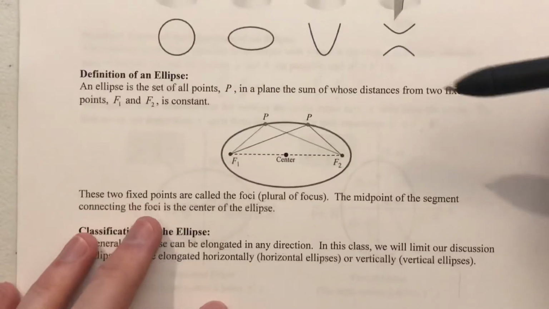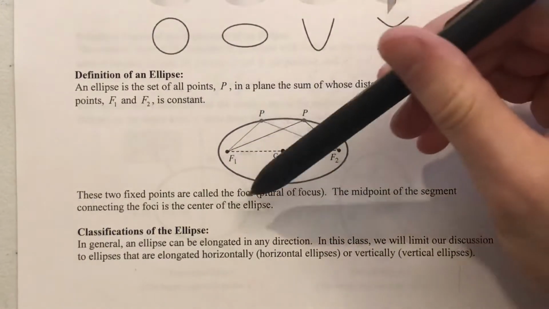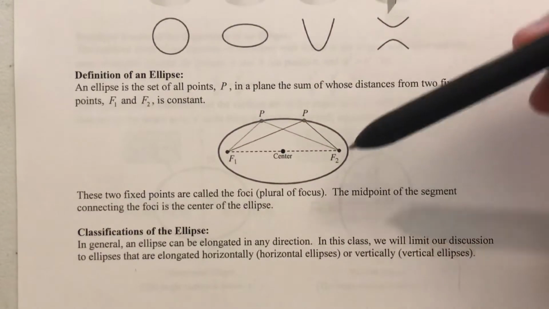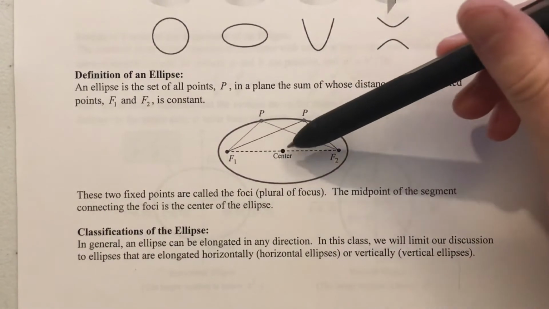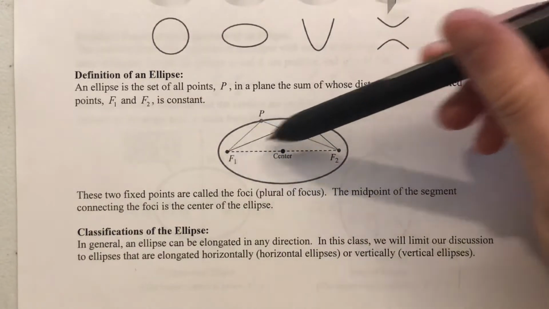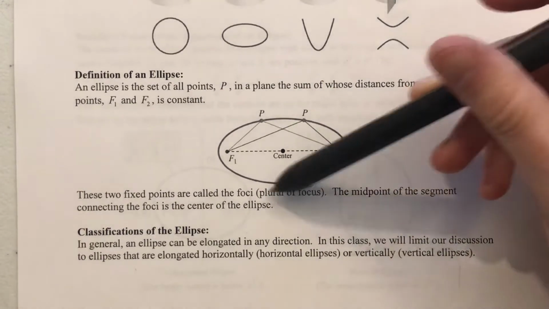Another way, as we start to focus in on the ellipse in this section, another way of defining an ellipse, the set of points on this, again, you can call it an oval, they are the set of points such that if you look to the center of this ellipse, there would be these 2 points that we call the foci, which is the plural of focus.